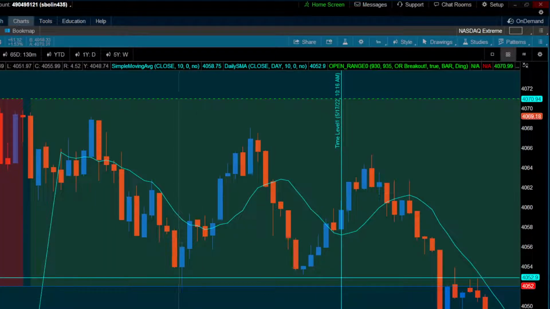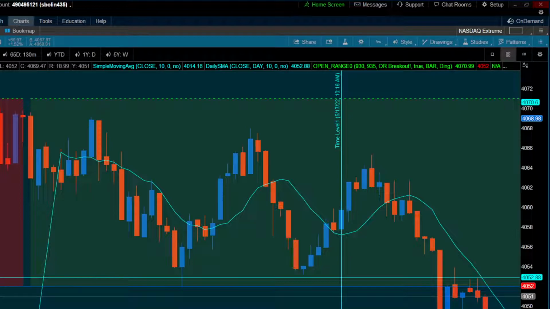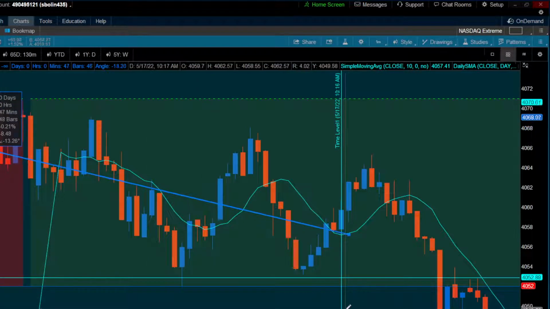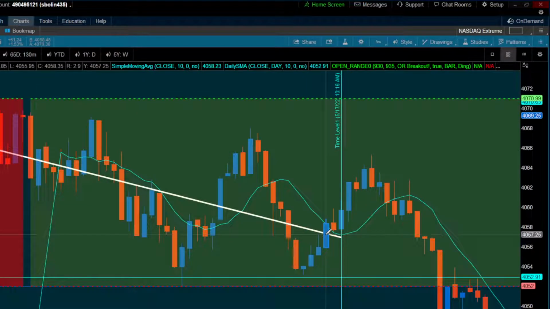Now I'm going to turn on a drawing here that kind of helps visualize this a little bit. If you have a mouse with a wheel on it, click the wheel and you get this little menu that pops up. We're going to look at the regression line from the start of the day, the very first candle, and just drag the mouse across to where I got in. Notice the angle and the slope of that.